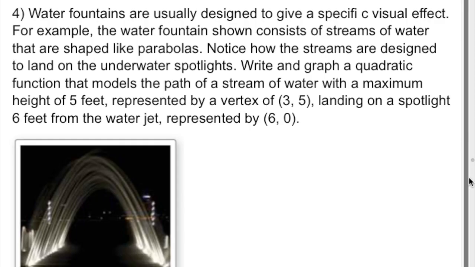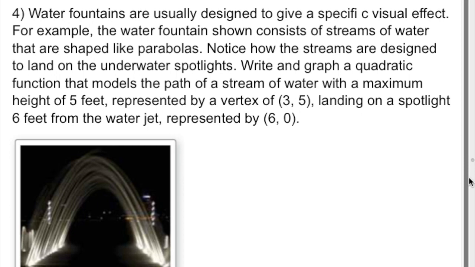For this last question, I want you to pause the video again here and read the following word problem. And focus on the last part of the question itself, where it says write and graph the quadratic function that models the path of a stream of water with the maximum height of 5 feet.